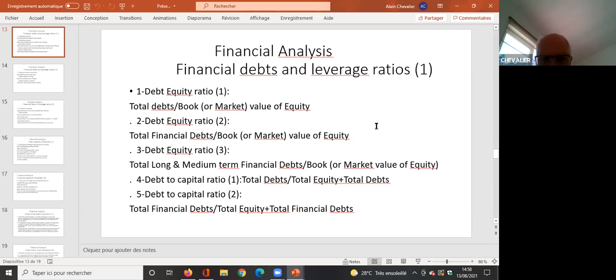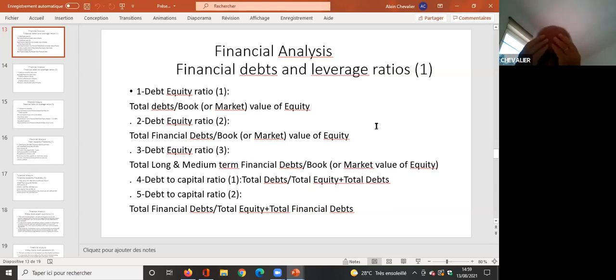And we had a presentation also of this ratio, which is probably more adequate, which is total financial debt, not total debt, to total equity plus total financial debt. It means that we limit the analysis to the medium, short and long-term financial resources. So you have a kind of portfolio of ratios to measure exactly the same thing.